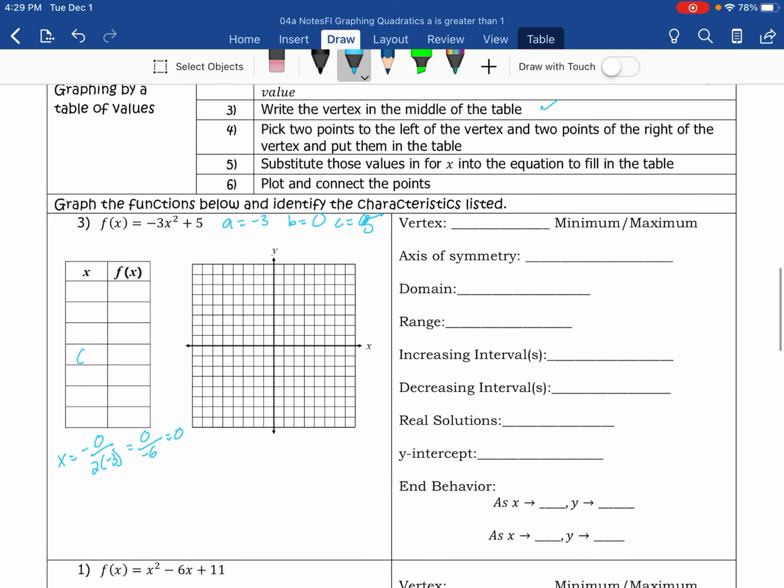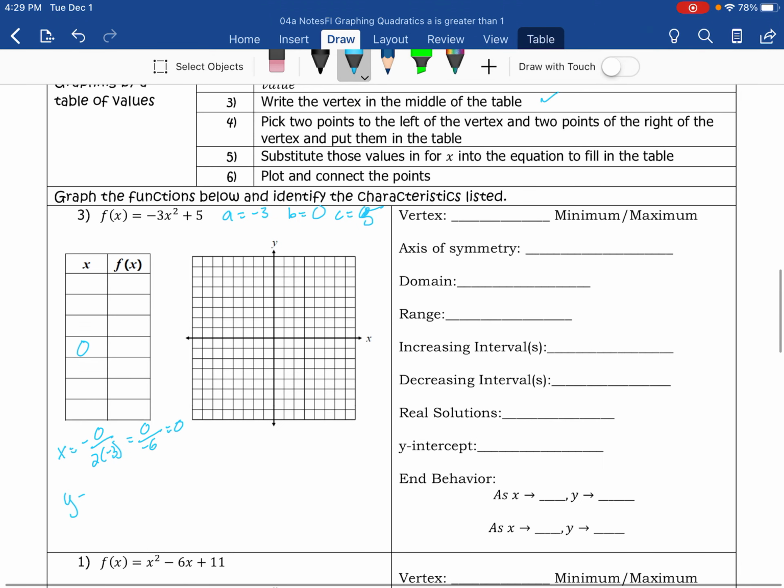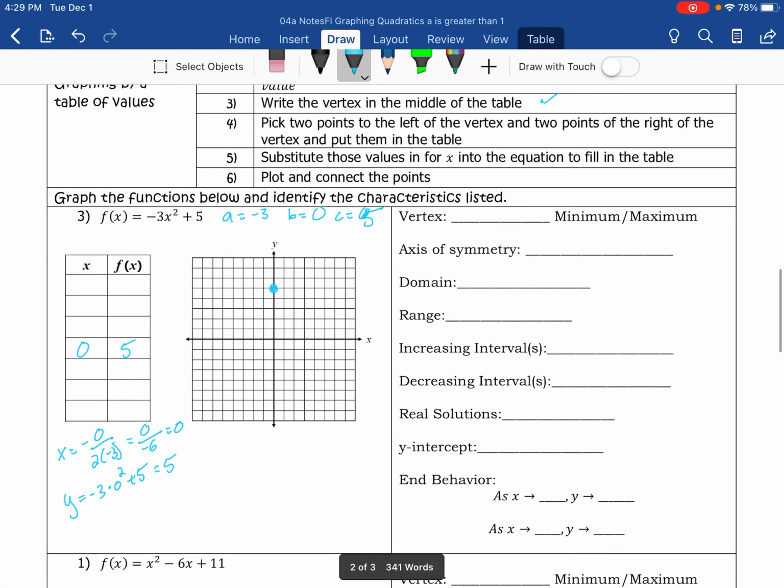That's the x value of my vertex. For the y value, I plug the x value in: negative 3 times 0 squared plus 5, which is 5. So that's my first point, 0, 5.